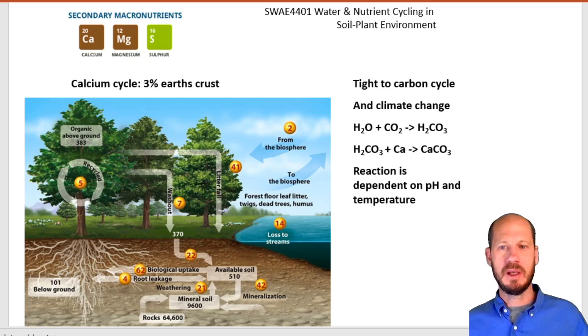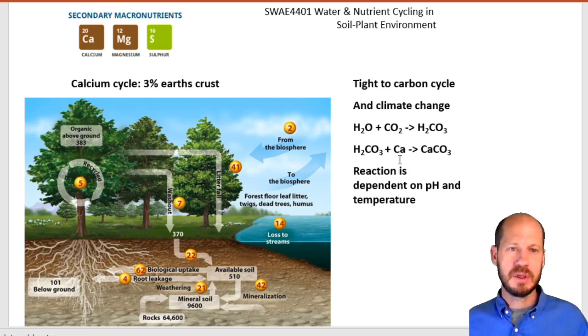The reason is that the CO2 dissolved in water forms carbonic acid, and the carbonic acid reacts with calcium and forms calcium carbonates. All this white material that you will see in sediments and soils tends to be carbonates that are precipitated on the soil.